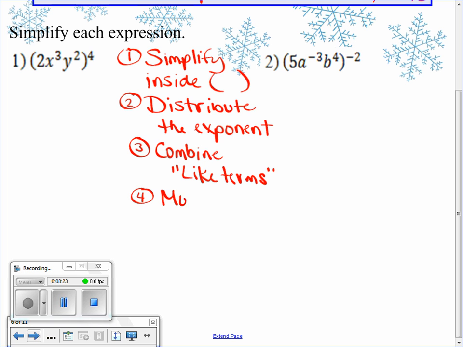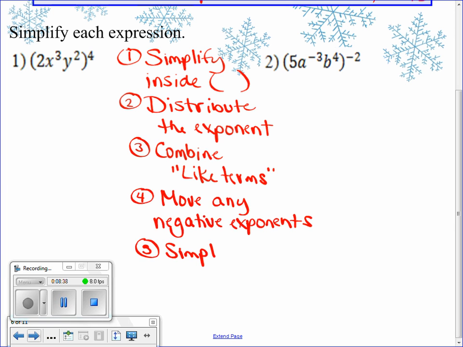Then you want to move any negative exponents. And simplify. That's kind of a general term because it depends on what the problem looks like. If you follow those 5 steps, that should hopefully at least guide you in the right direction on what to do when.